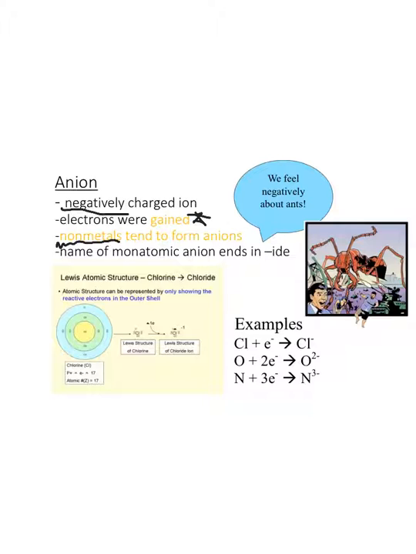They tend to gain and take in extra electrons. So we say we feel negatively about ants. And if you go back to anion size, anions are gaining particles, so they are larger than their neutral atoms. So we say giant angry ants. Or we can just feel negatively about ants. Either one, whatever floats your boat and lets you remember this.